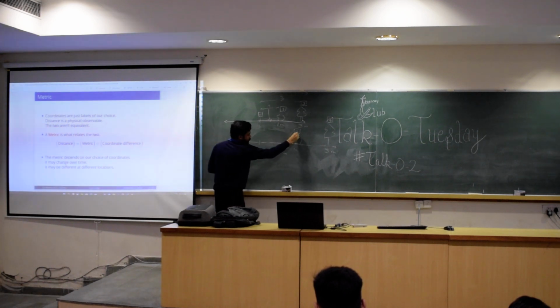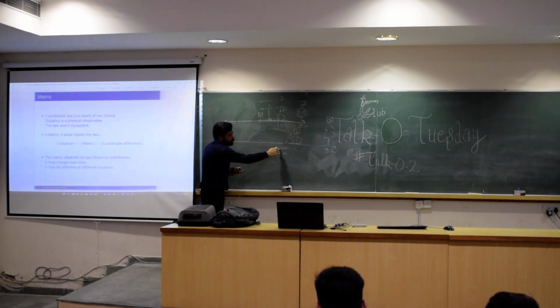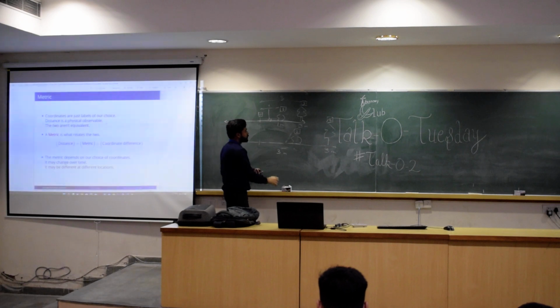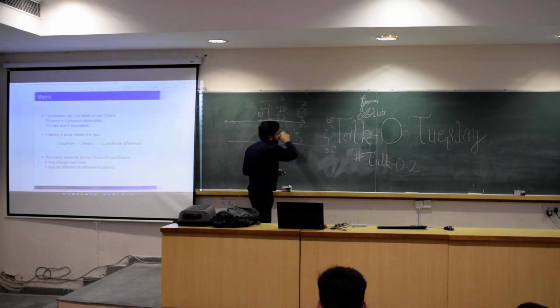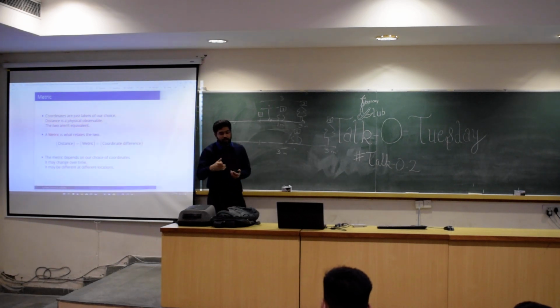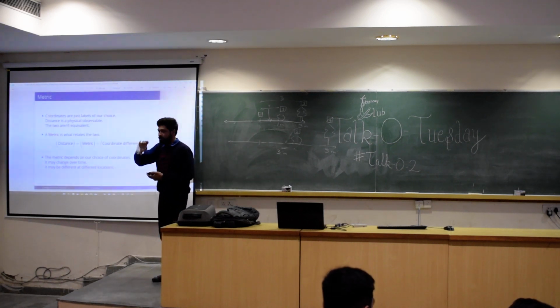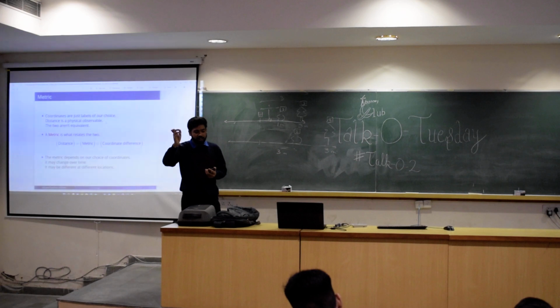If you give input 1, the metric should be constructed in such a way that it gives the output of 3, not 1. If you give the coordinate difference input as 3, then it should give output 5 meters. So this is what a metric actually does. It tells you how to calculate the distance at that coordinate, basically.